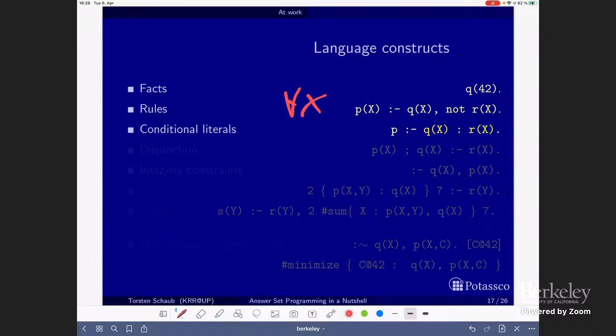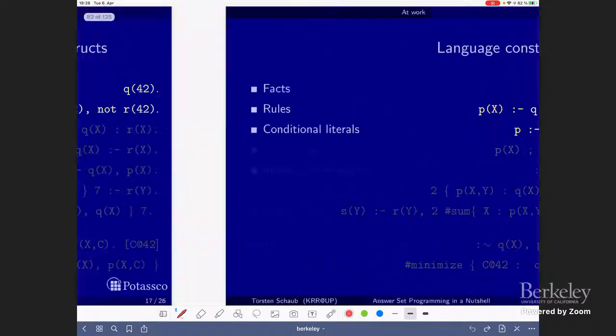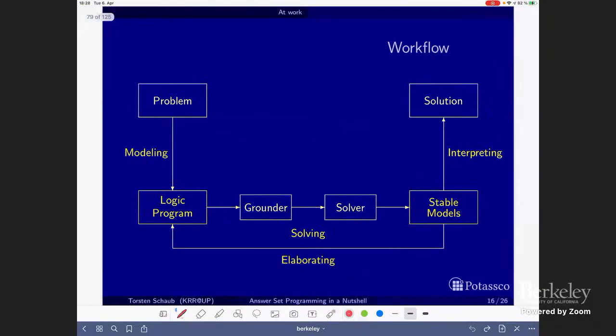Actually, that's an interesting point, because we have to look at the semantics. So, for instance, what is the semantics of the grounder? What does it do?